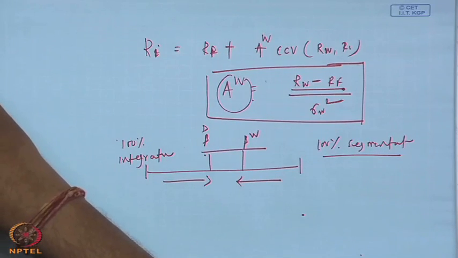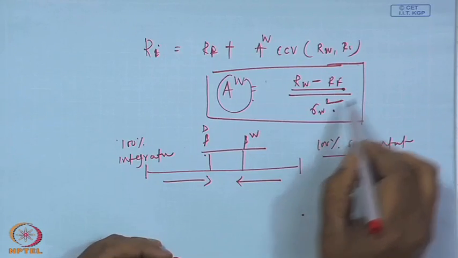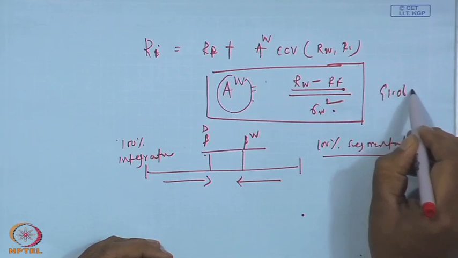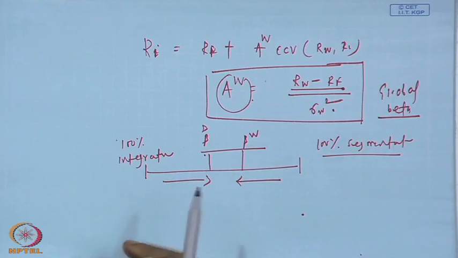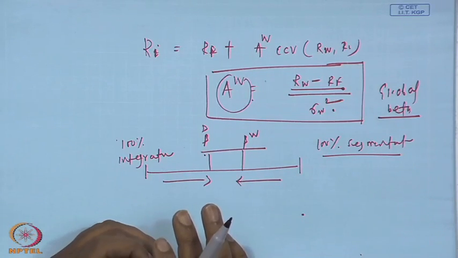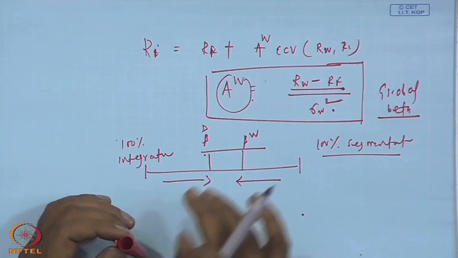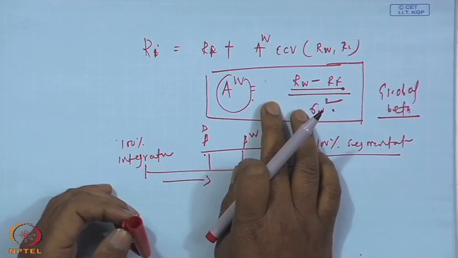So, when we use this concept in pricing of the asset or the equity asset, you should understand that this concept allows us to estimate the global beta of a company, where the company is cross listed in more than one exchange. This is the global beta we have to estimate.